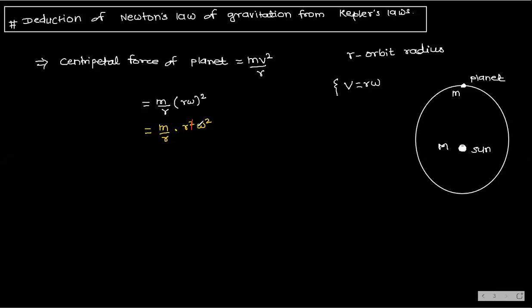This r will get cancelled with this, and we get the centripetal force formula, m r omega square. Understood?